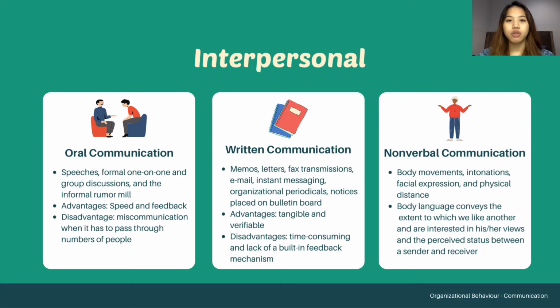The advantages of oral communication are speed and feedback, which means we can convey a verbal message and receive a response in minimal time. However, it can also lead to miscommunication if the message has to pass through a number of people, because each person can interpret the message in their own way.